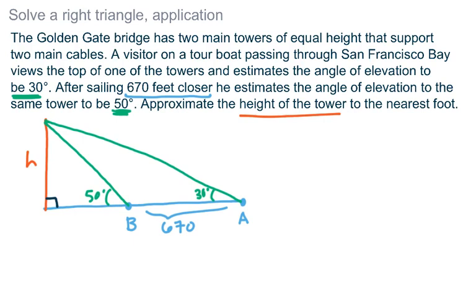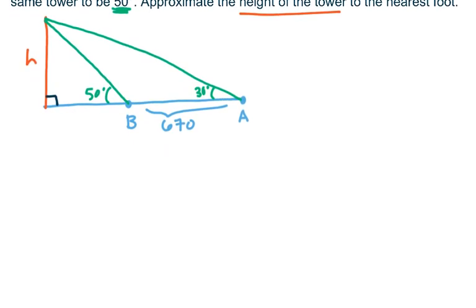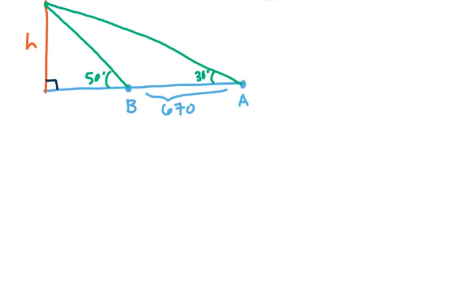All right, so let's think about this. I'm going to extrapolate, pull two different right triangles out of my picture. So the first right triangle will be this smaller one with a 50-degree angle. Got this guy here. I know this 50-degree angle. Now I've got this H that I'm searching for.